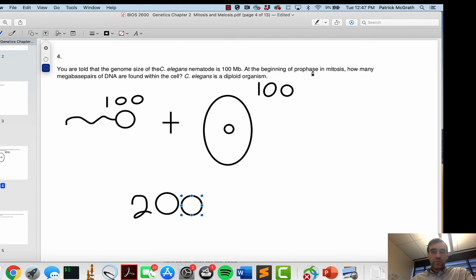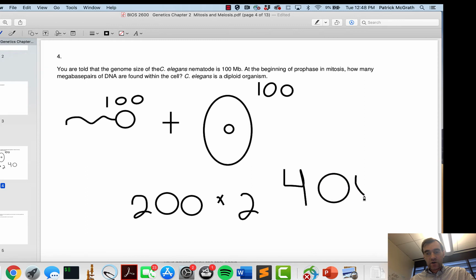However, at the beginning of prophase and mitosis, we can't just count on the fact that these two things have come together, because now we've also gone through S phase, and so the DNA has duplicated. Because the DNA has duplicated, we further have to multiply this number by 2. And so the answer is 400. So there's 400 megabases of DNA within the cell in prophase, again because DNA has already been synthesized, and now we have 2 copies of everything.